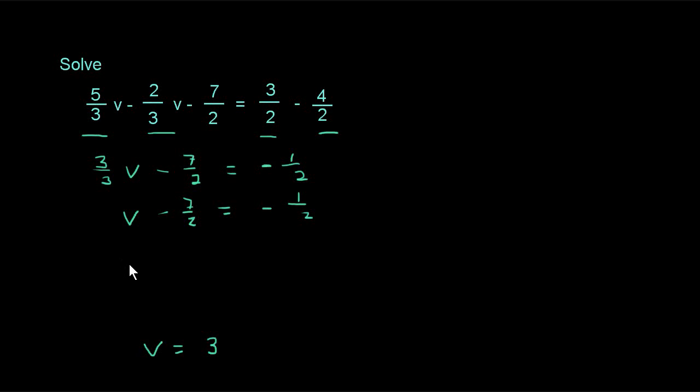So we'll have v subtract 7 halves, add 7 halves, equals negative 1/2, and we'll need to do the same thing on the other side, add 7 halves. The 7 halves, the negative and the positive, cancel on one side, and on the other side we get negative 1/2 plus 7 halves is 6 halves, and that reduces down to v equals 3.